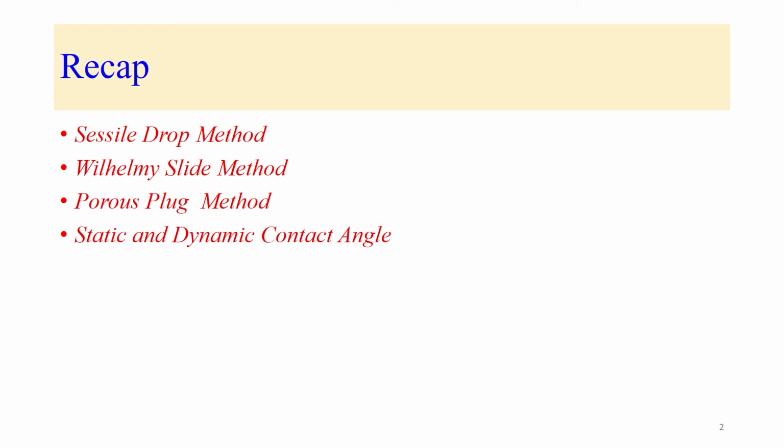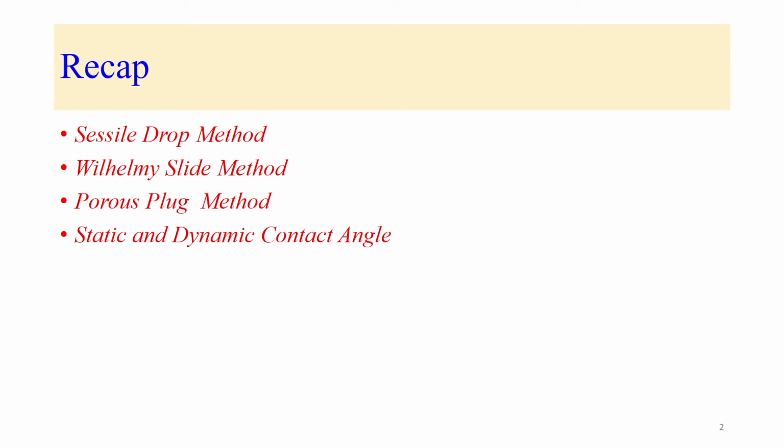So, today we will discuss how we can measure the surface energy or surface tension of a solid surface. The problem with solids is that we mostly go with indirect methods for the surface tension of solids. Apart from that, we will discuss the different methods available to measure the surface energy or surface tension of solids.